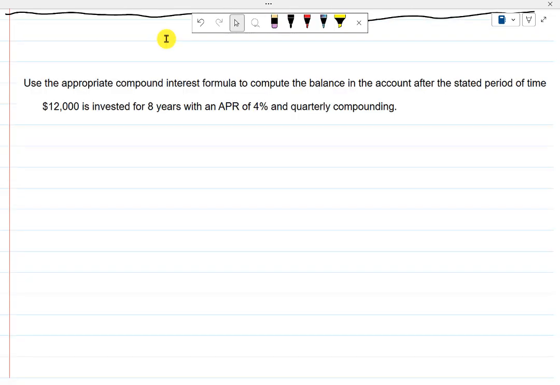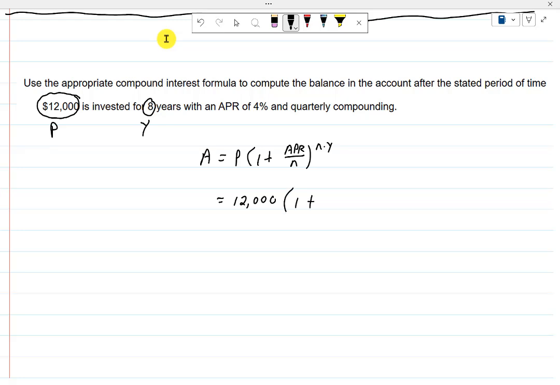Whenever you're given a problem like this, it's not a bad idea to catalog all the things that you're given at the beginning. Like that's the principal right there. There's my y. The APR is pretty evident. So our formula is going to look like this. Remember, it's P times (1 plus APR over N) to the N times Y. Our principal there is the 12,000. Our APR is 4% or 0.04. We're doing this quarterly, so I'll put a 4 down there and a 4 up here.